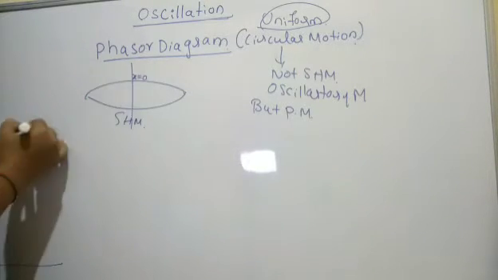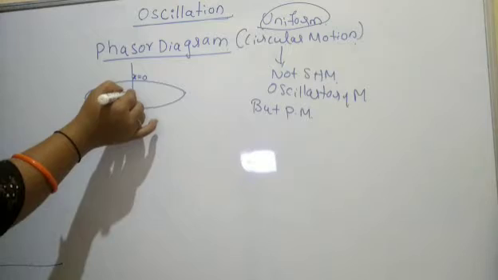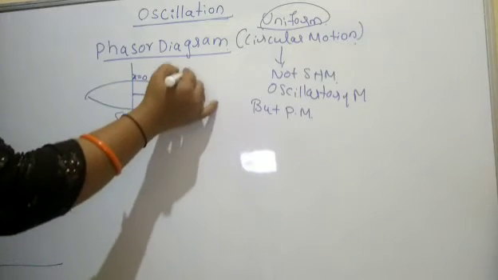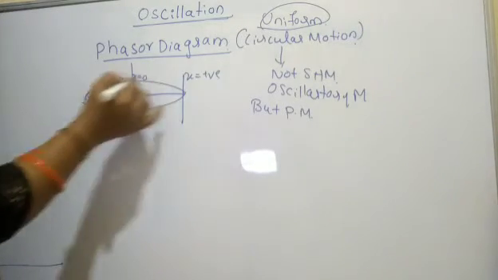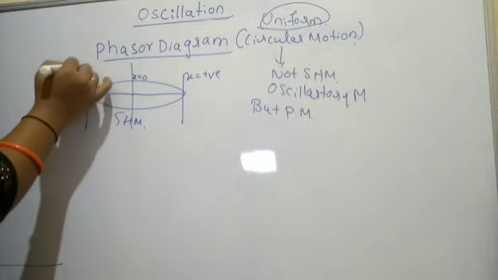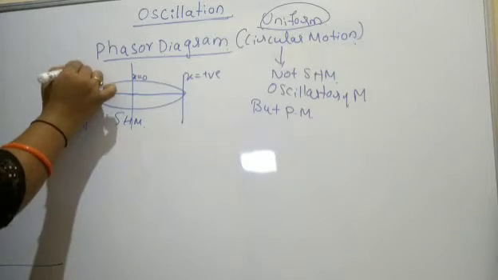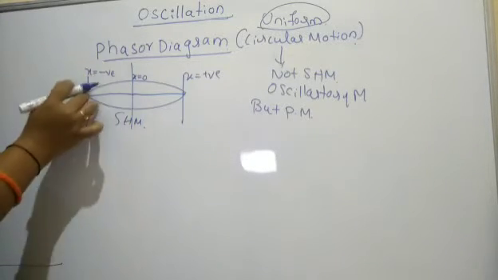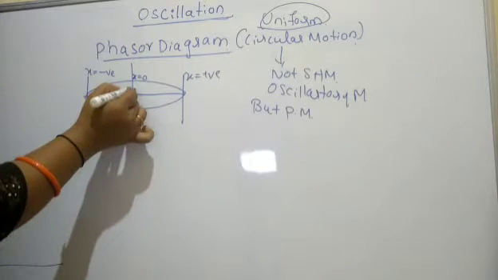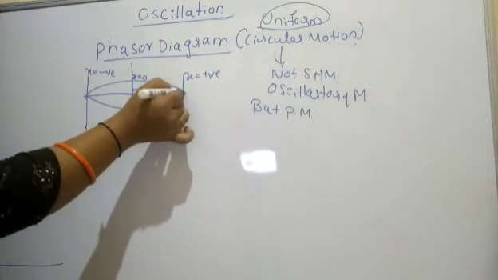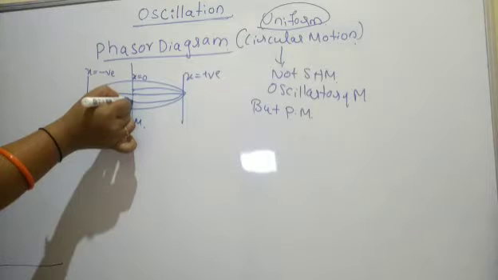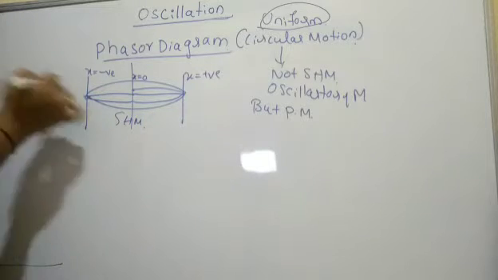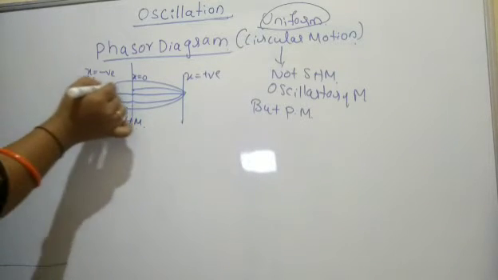So s is equal to 0 at the mean position, and then it goes to the extreme position in the positive direction and the extreme position in the negative direction. So when it undergoes the to and fro motions, look here, the particle is moving and coming to the mean position, next it will go to the negative extreme position, again it will come in.